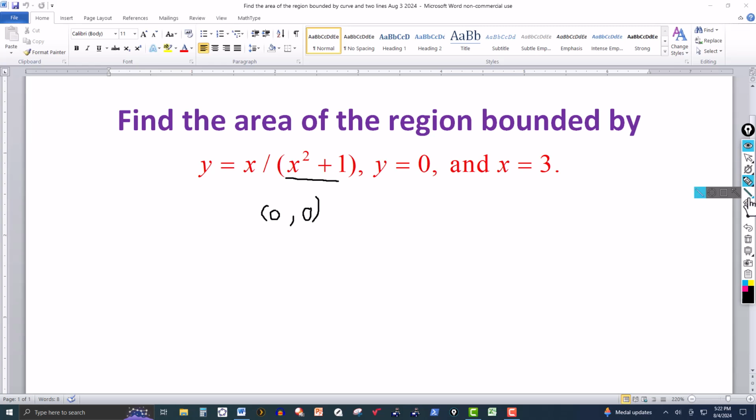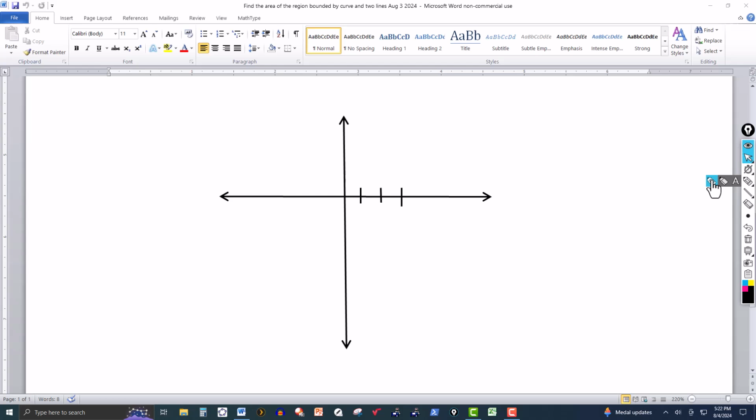With that in mind, all we need is a rough sketch of the graph. It goes something like this. It passes through the origin, (0, 0). To the right, for positive values of x, the graph has to be above the x-axis.